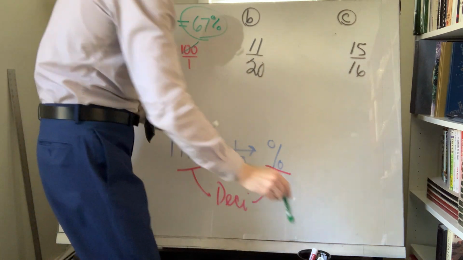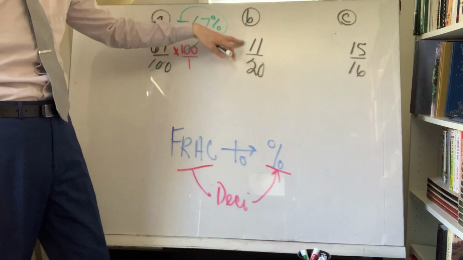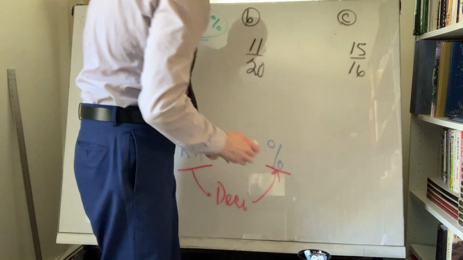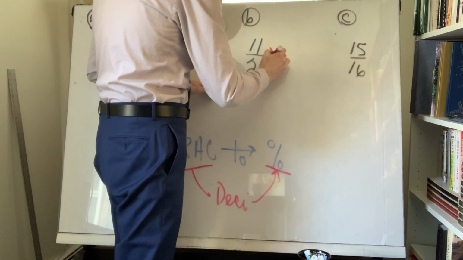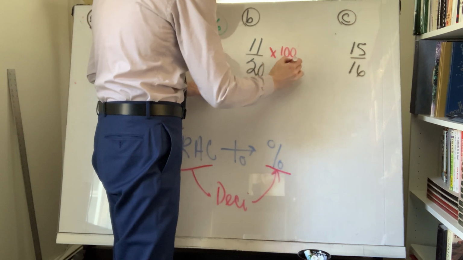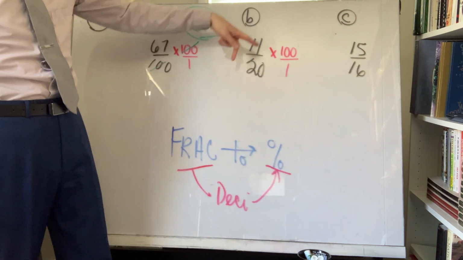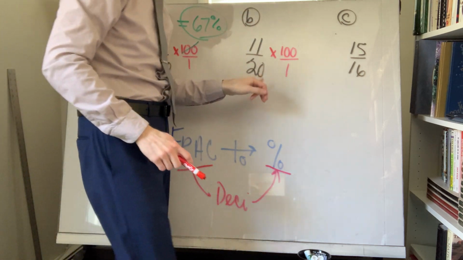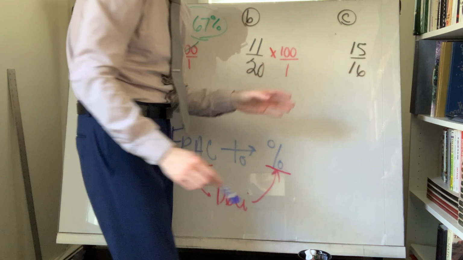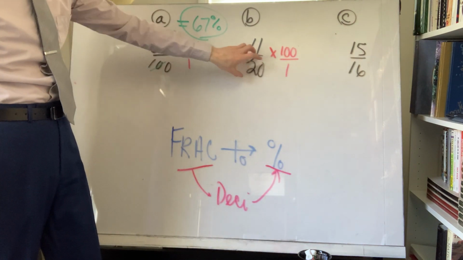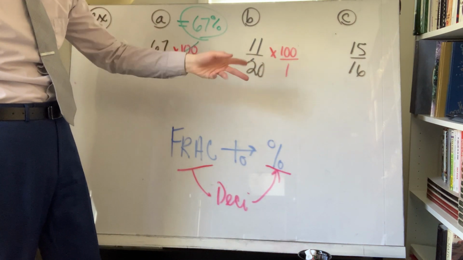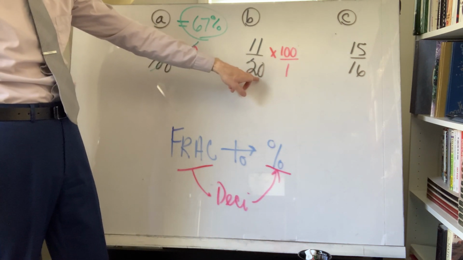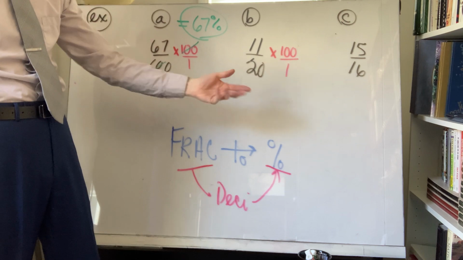You can do the same thing here, 11 over 20. It's not going to cross cancel exactly, at least not without some adjustment. But you can cross simplify. You may recognize that 20 and 100 have a common factor, namely they're both made of the number 20. Even if you didn't recognize that, you could whittle it down slowly by recognizing that this ends in a 0 and that ends in a 0, so they're both divisible by 10.